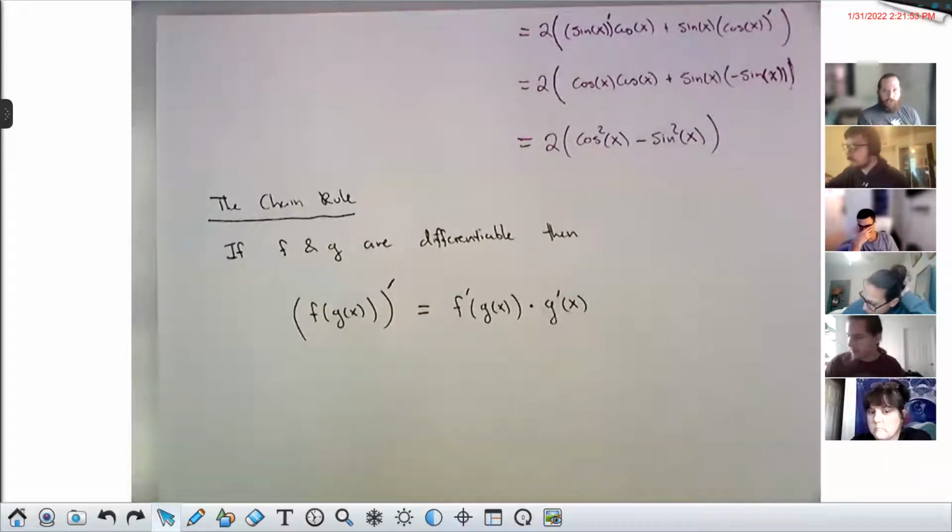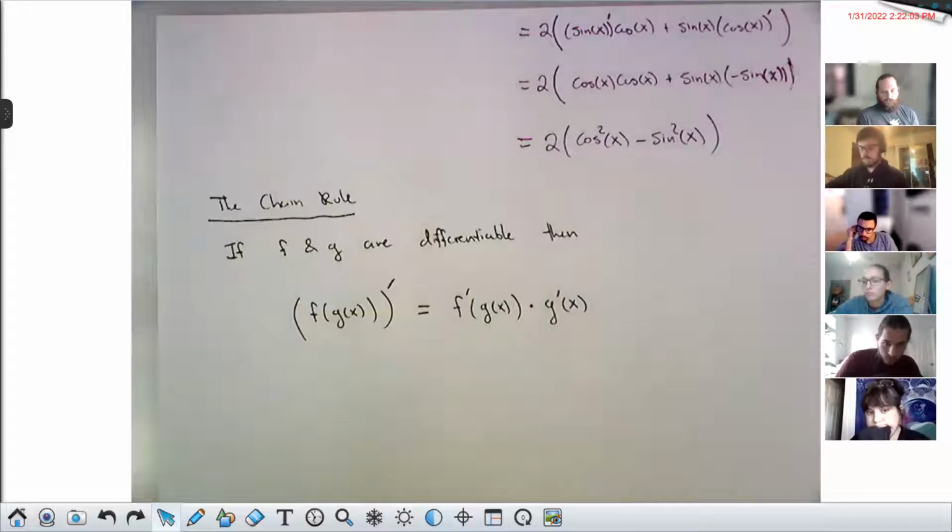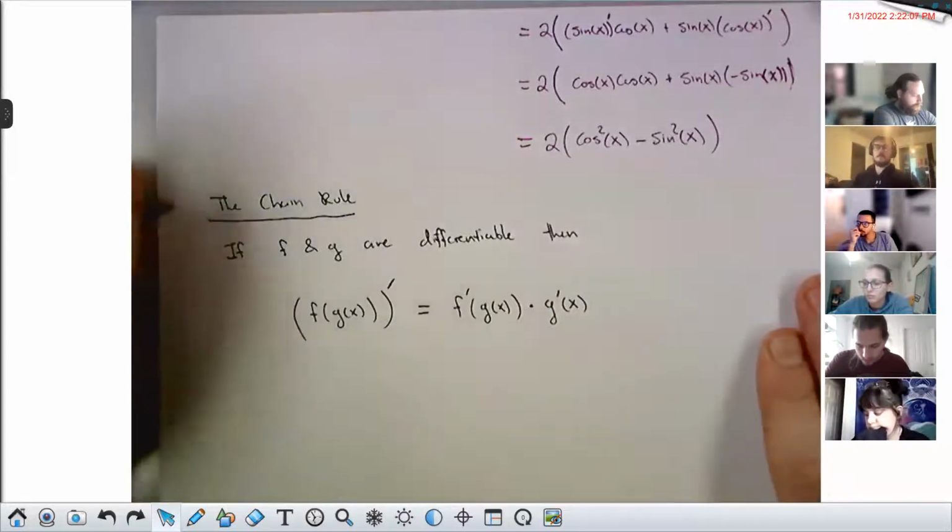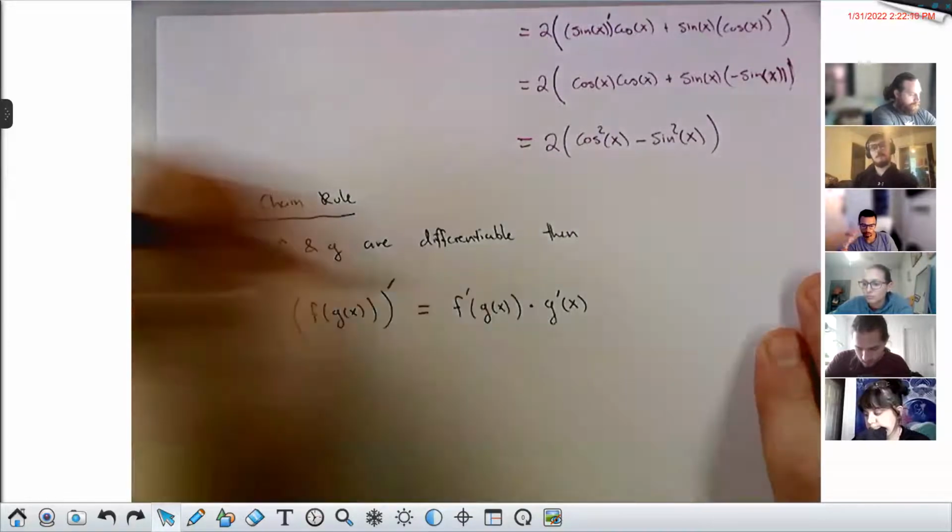This is the simplest way to say it. So that's the chain rule.